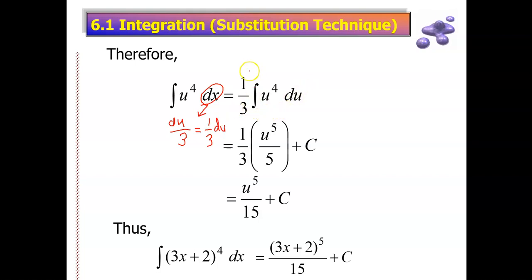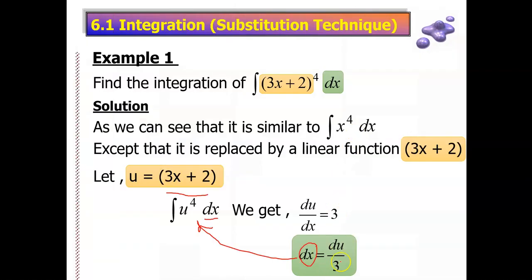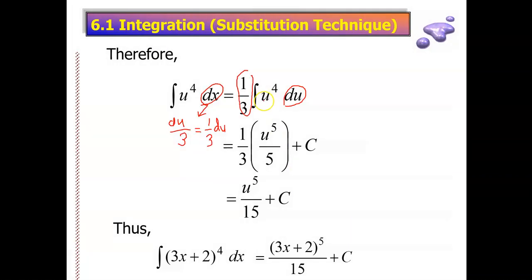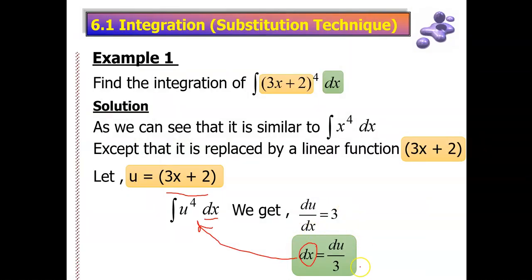So this is what you have, 1 over 3, and then you have du. This is from the dx, the one you get from the first step. So the integration of u to the power of 4 is what we have over here. You just substitute the dx with the one you solved previously.